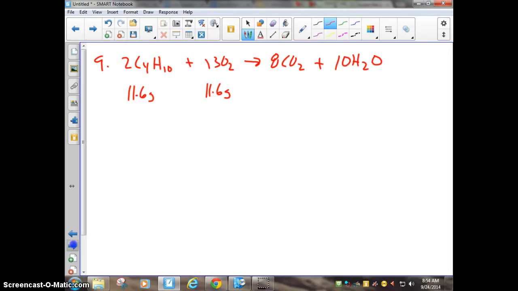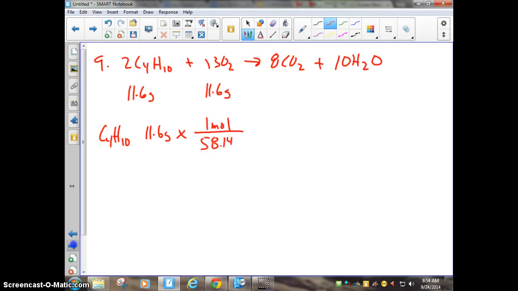I set mine up looking at the carbon dioxide just because it was the first product listed. So my C4H10, my butane, if I'm starting with 11.6 grams, I have to find the molar mass of butane, which is 4 carbon at 12.01 and 10 hydrogen at 1.01.